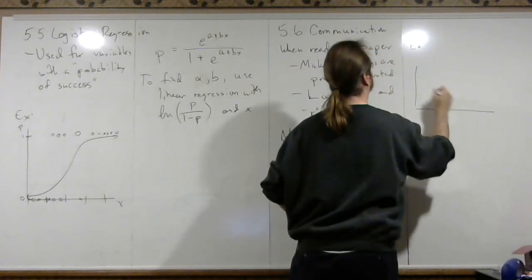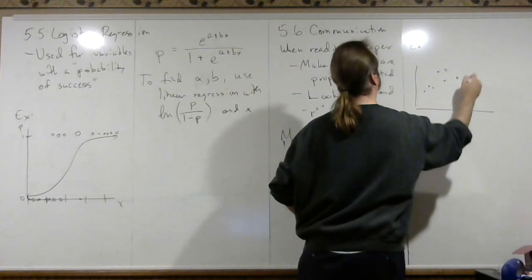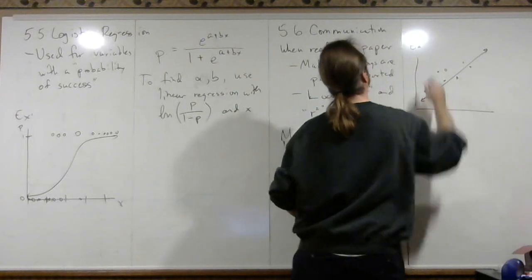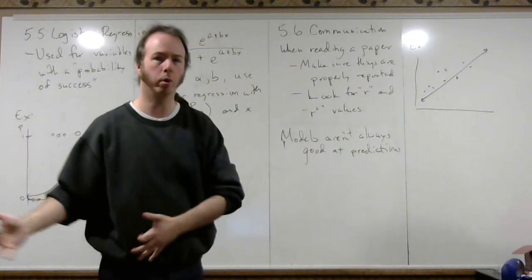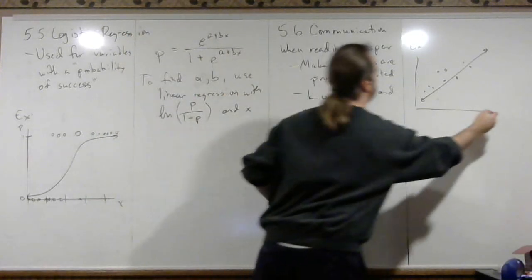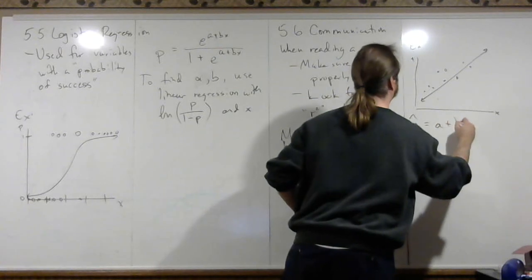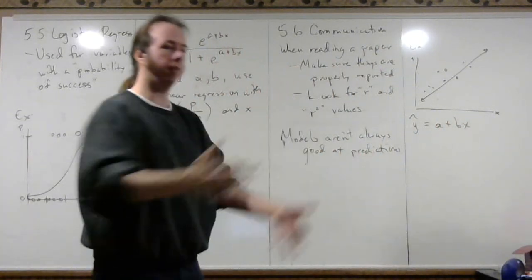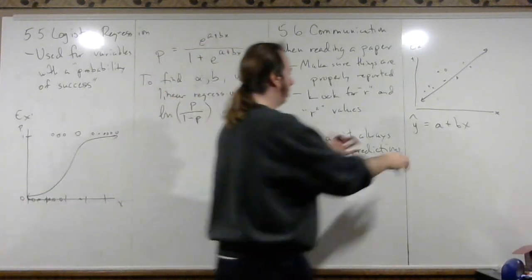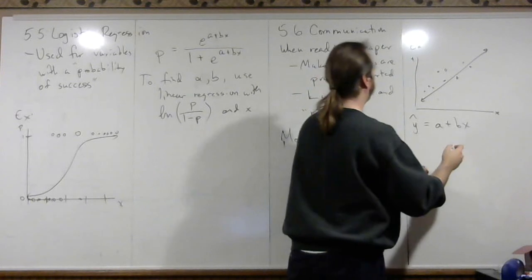let's say I've got some data and I fit that with a linear regression model. If I have another x value and I want to figure out what y value to expect, I would plug in the x, crunch through, and get my y value.